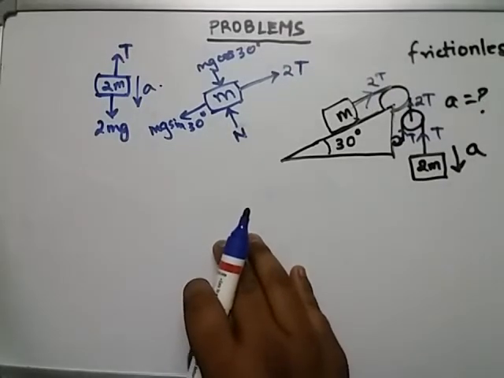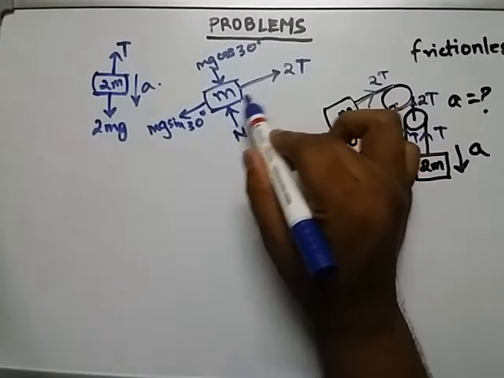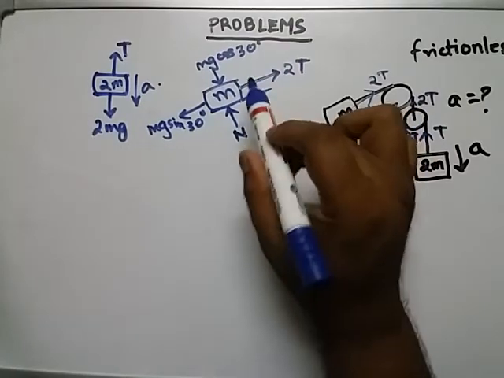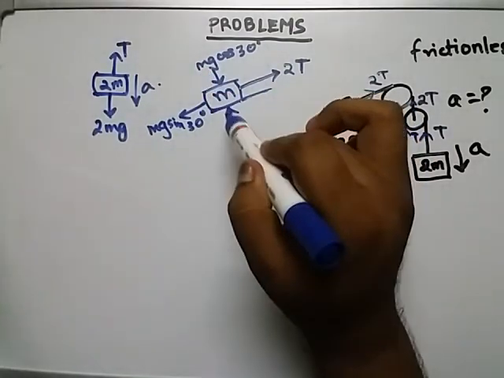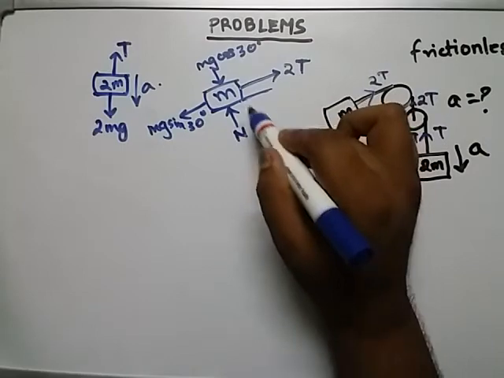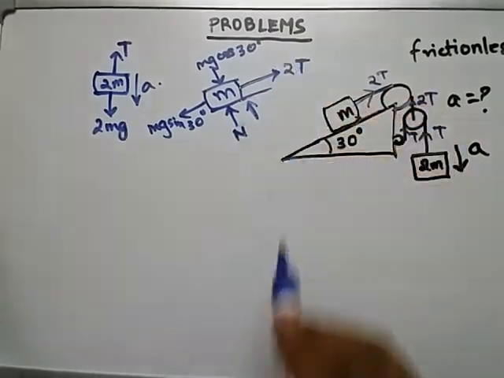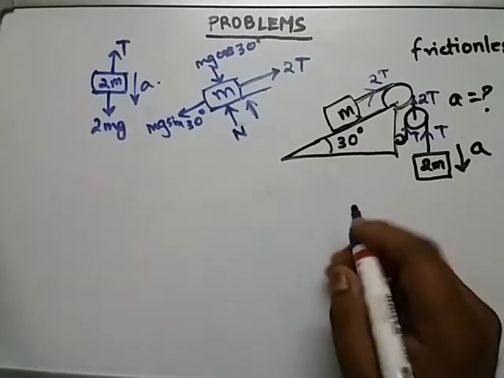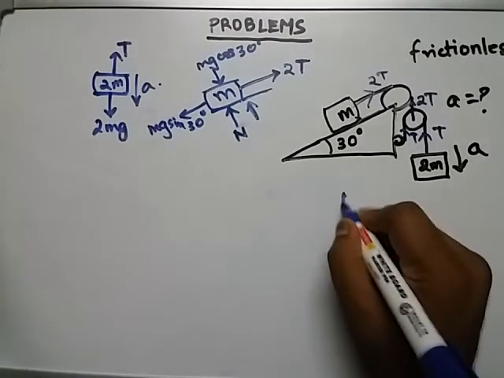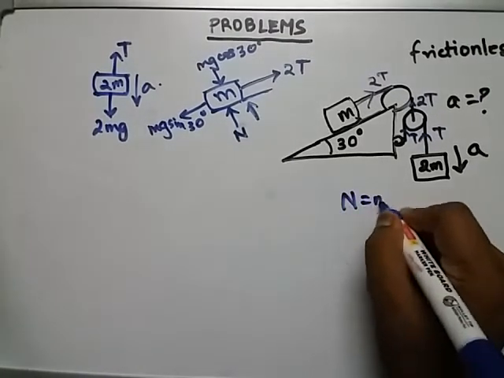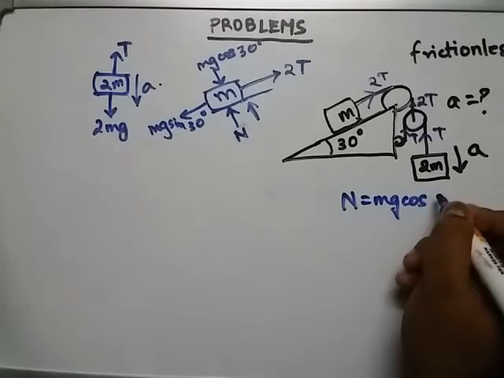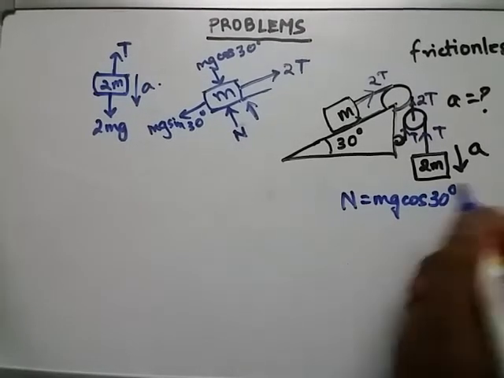So this mass m does not move in the direction perpendicular to the inclined plane, so N equals mg cos 30 degree.